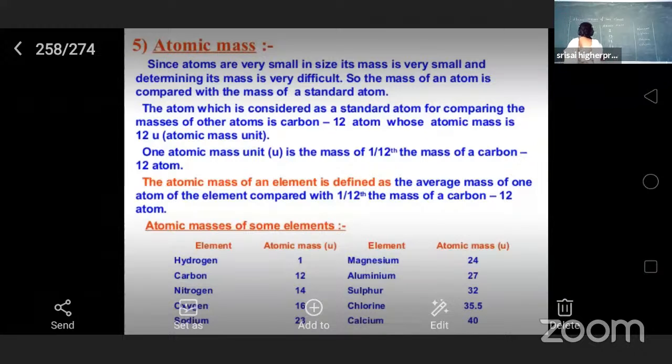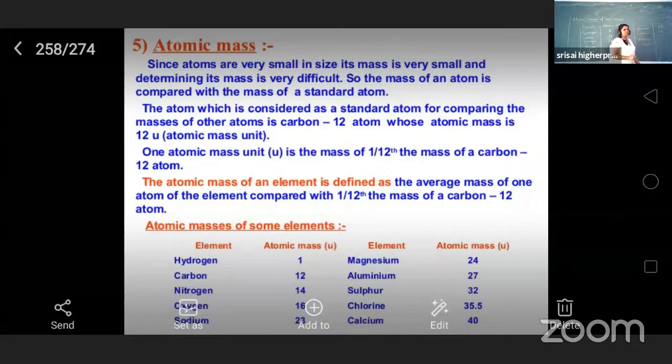Find out that atomic number. But the atomic mass is 23. Magnesium, if the atomic number is 12, then atomic mass will be 24. Aluminum will be 27. Sulfur is 32.